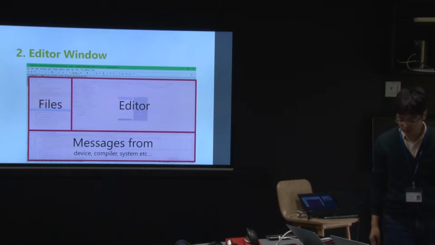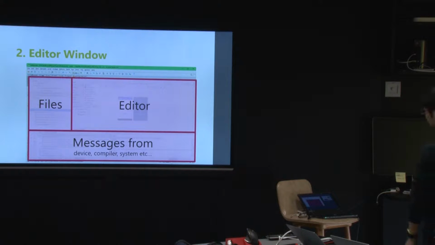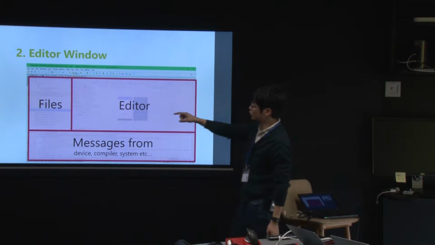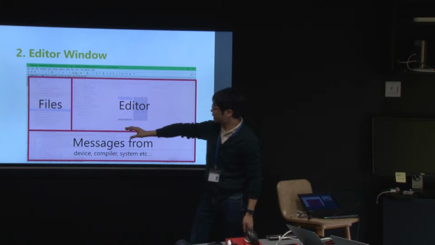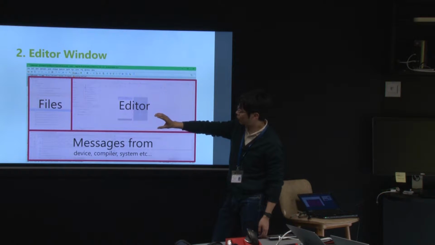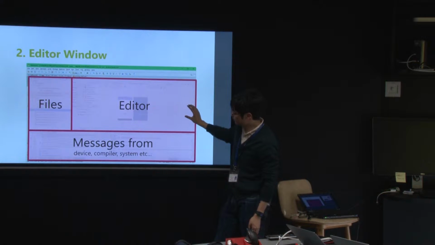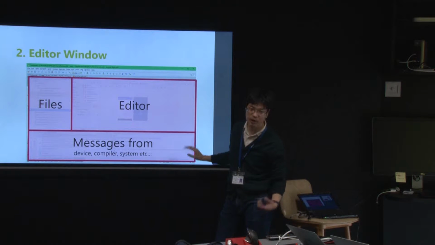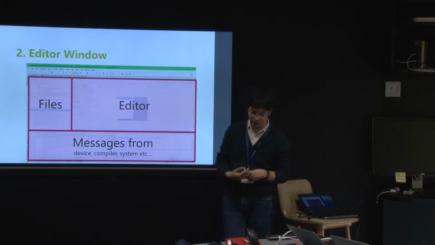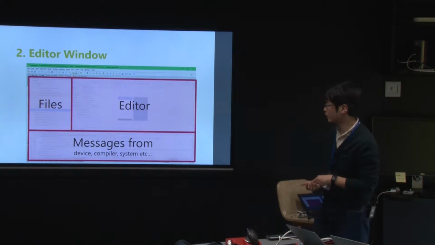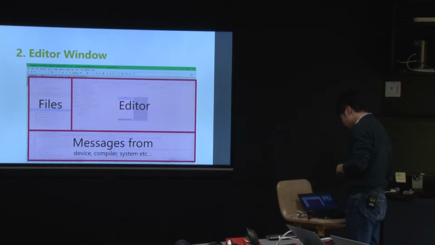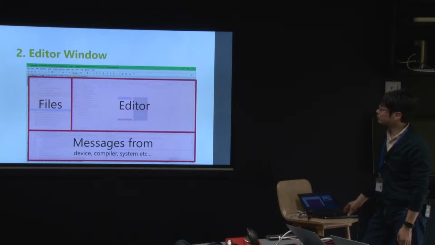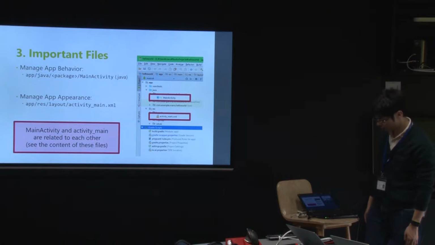And you can see on the screen in your Android Studio, the files in the Hello World project are shown here, and the editor is on the right-hand side of the files, and the messages from the device or compilers or Android Studio itself will be shown at the bottom.